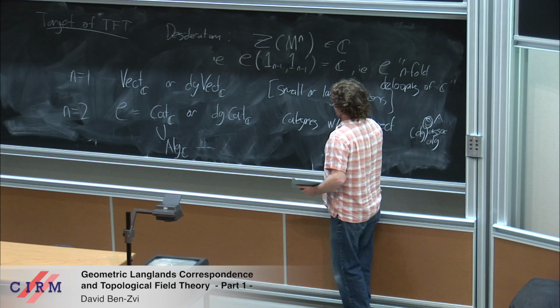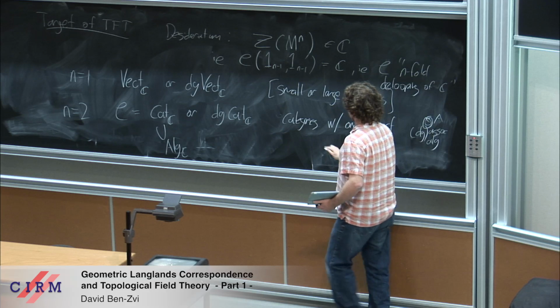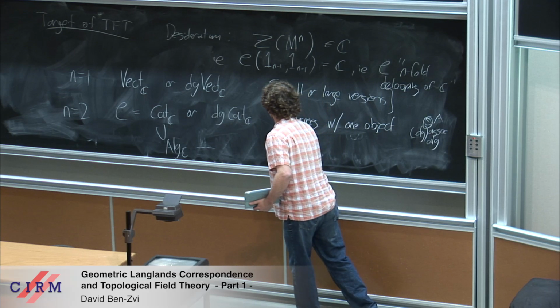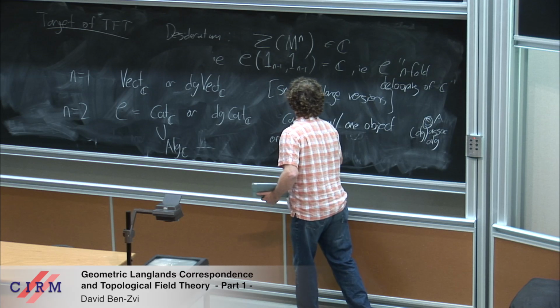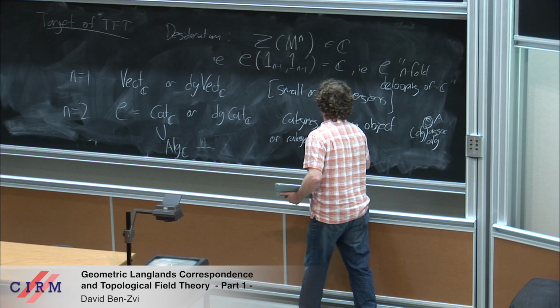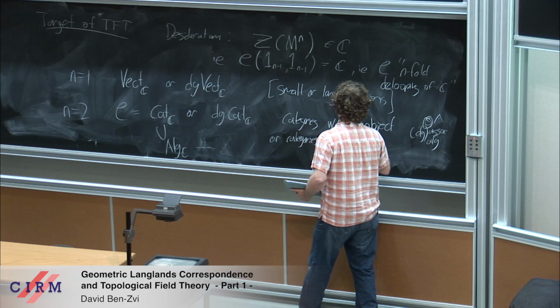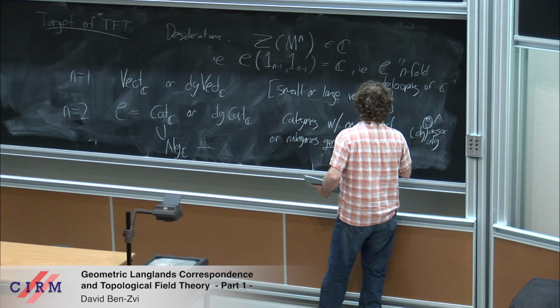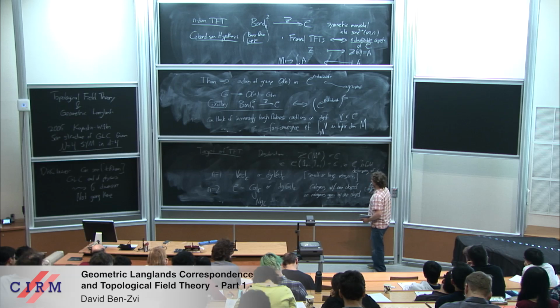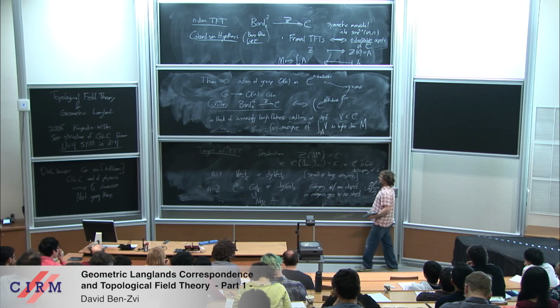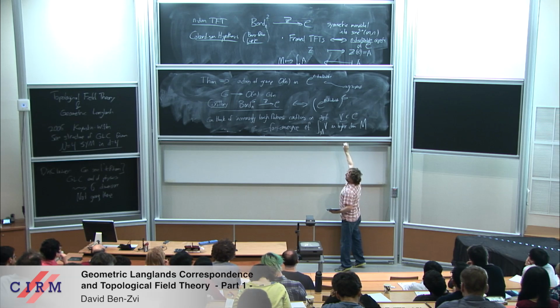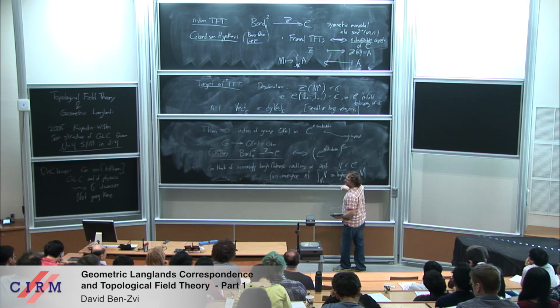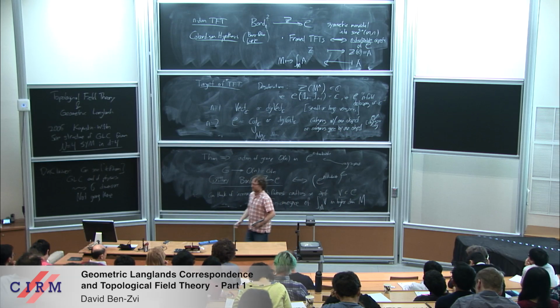But maybe rather than thinking of a category with one object, I can think of categories that are generated by one object. So both of these are versions of an associative algebra. If you have an associative algebra, I can think of it either as a category with one object, or I could look at the category of modules.